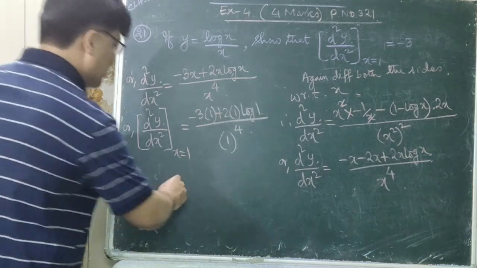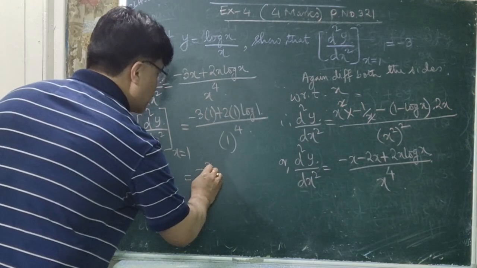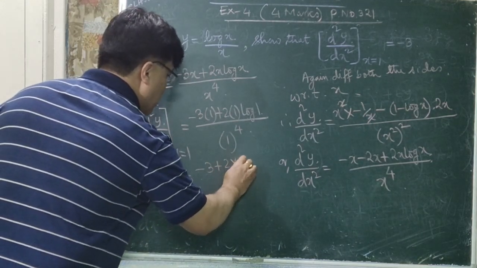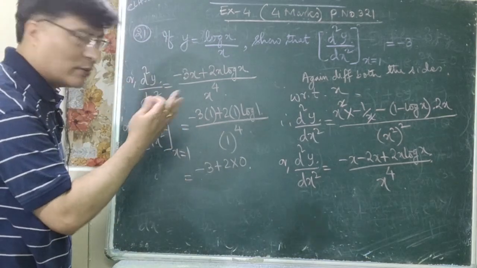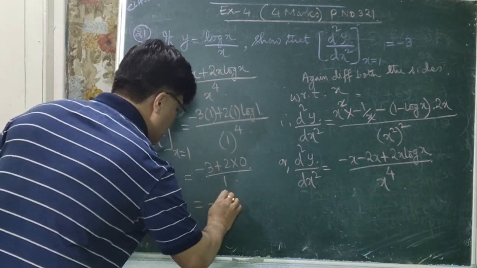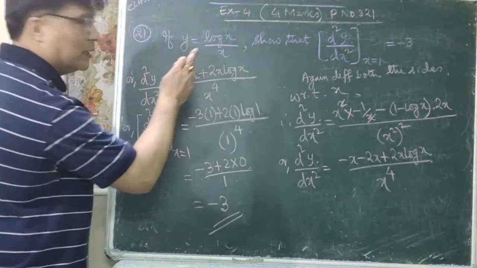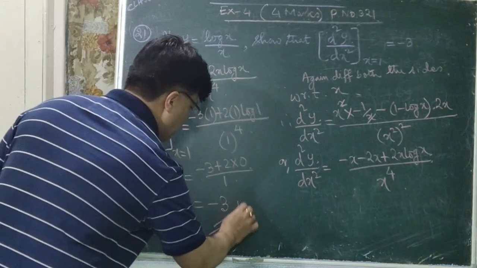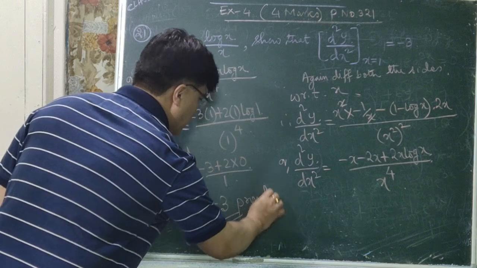Okay, let's simplify it, which is equal to minus 3 plus 2 ones are 2, log 1 means 0. You know that log 1 is 0, whole divided by what is 1 whole to the power 4, that is 1. So which is equal to minus 3. We have got the result. So it is proved. Understood?